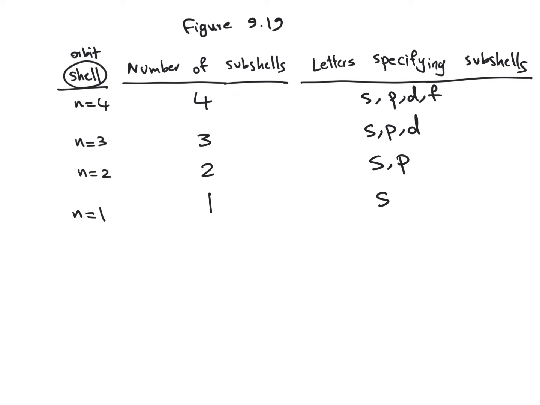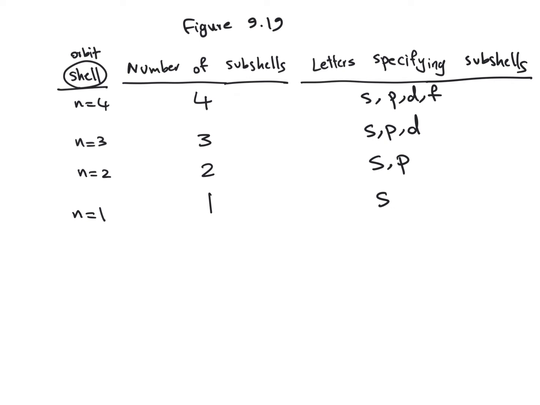Or I say, which of the following does not exist in n equals 3? s, p, d, f. f, right? So hopefully this is clear, because we're going to use that extensively from now on. So the first step is for you to know this figure well. Any questions? Good? Okay. The next thing that I'm going to talk about is energy.